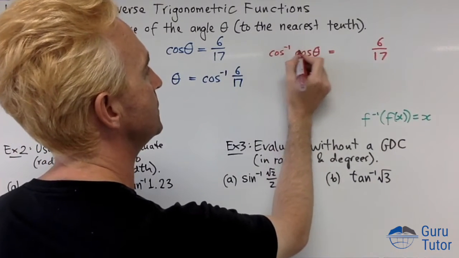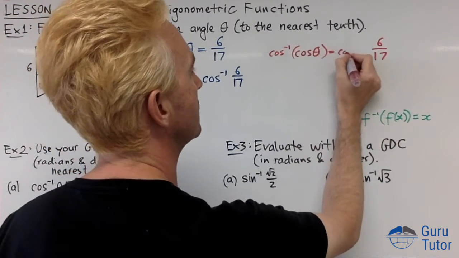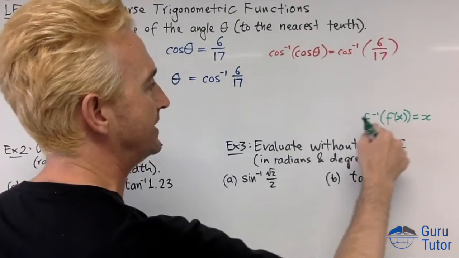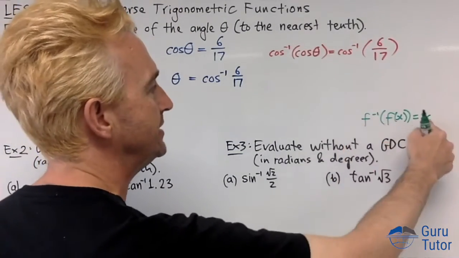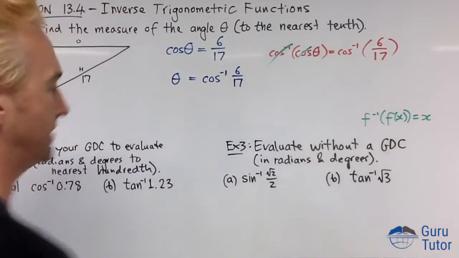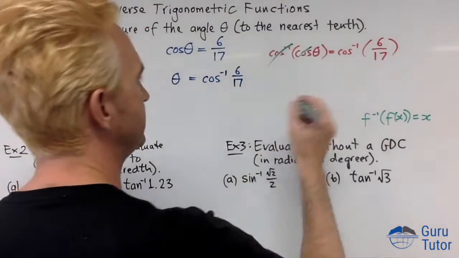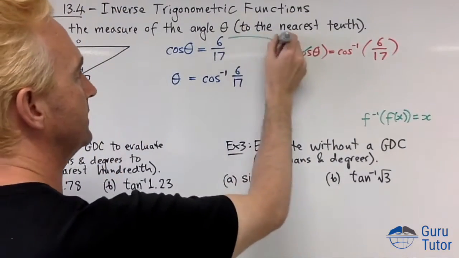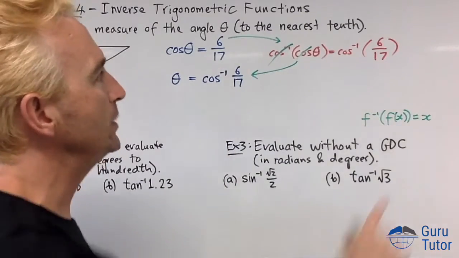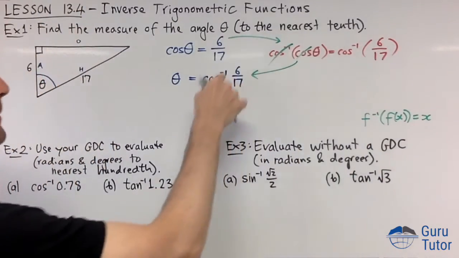Cos minus 1 of that, cos minus 1 of that. And what did I say happens? A function and its inverse cancel each other out, and you're just left with whatever this is. So the cos and the inverse cos cancel out, which gives us this equation here. So we go from here to here. That's actually what's happening. We don't usually bother writing that. You just go from here, bang, to there.